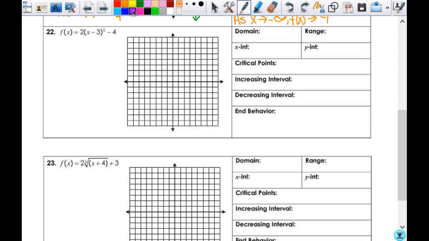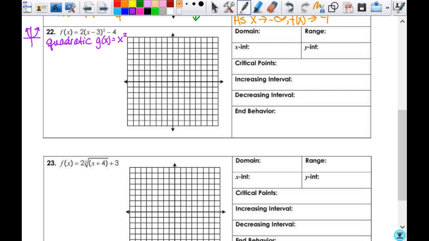This parent function is a quadratic, and that means that g of x is equal to x squared, and it looks like this.